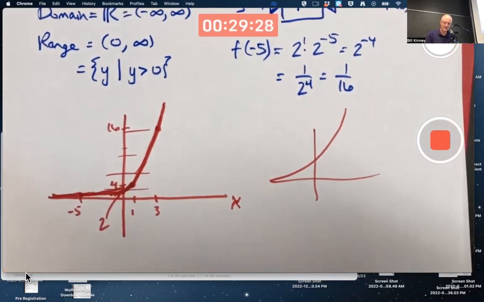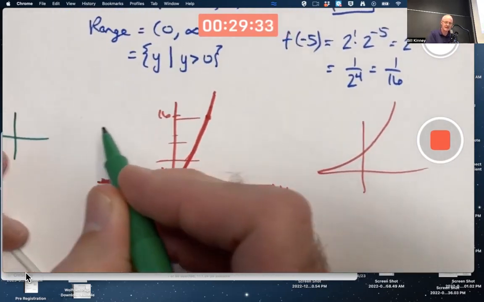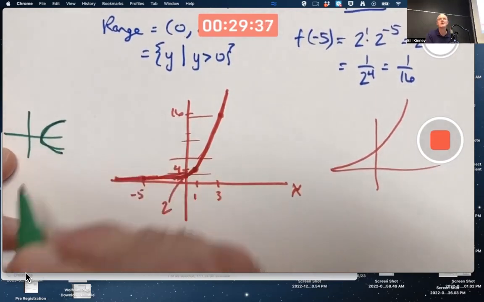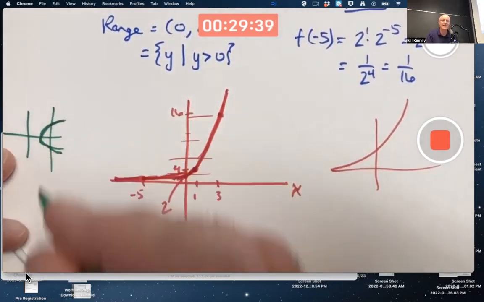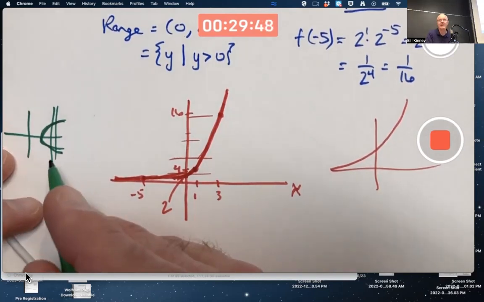So if I draw a graph that, for example, is a sideways parabola, that's not the graph of a function. It fails the vertical line test. There are plenty of vertical lines that go through it more than once. You can make graphs like that.